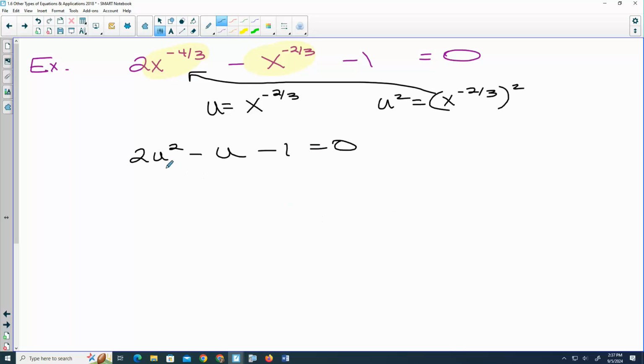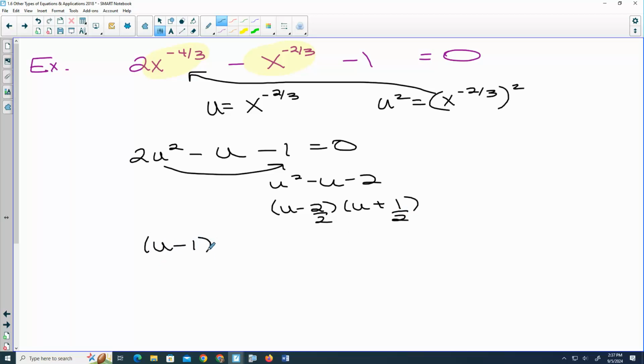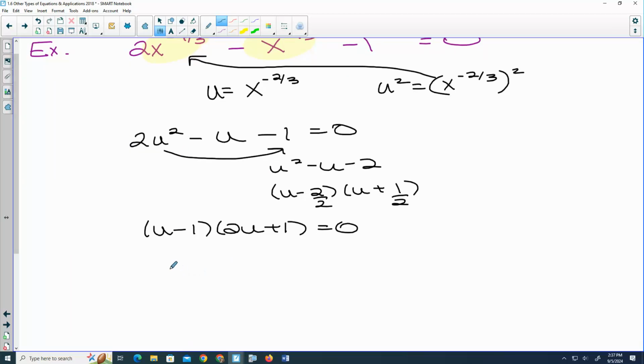We would need slip and slide here. Multiply to negative 2, add to negative 1 would be a negative 2, positive 1. Divide back the 2. Now what?